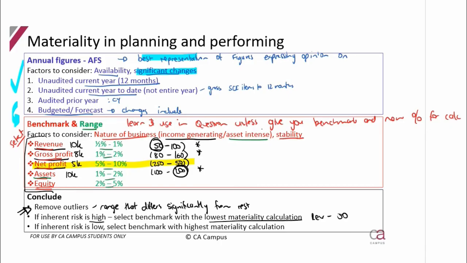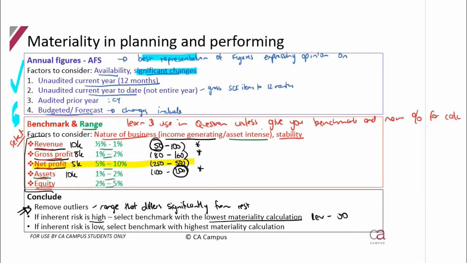Why? Because I want to include as many possible areas where there could be misstatements in excess of 50, as opposed to setting it as 200 and then looking for misstatements in excess of 200. There's a 150 Rand difference there, and so misstatements in that range will go undetected.